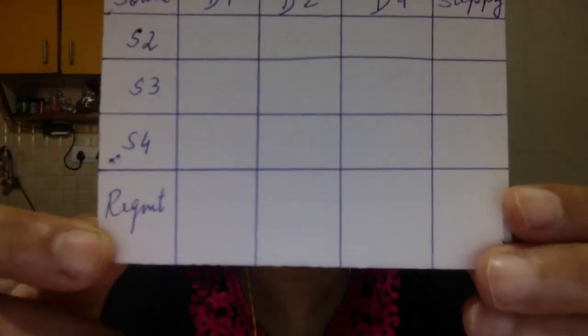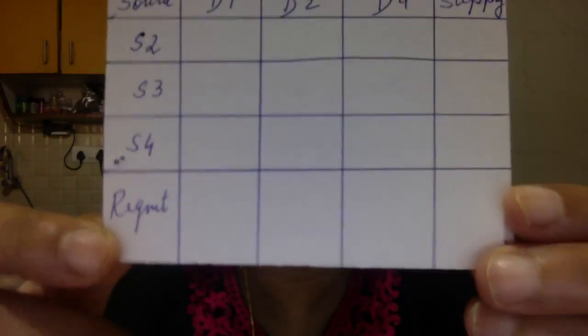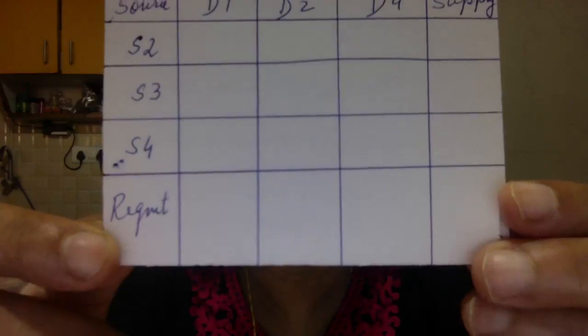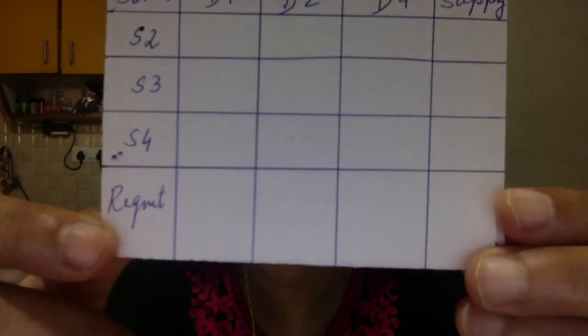Remember class, we eliminated one column first. Now we eliminate one row. So I'm going to write the numbers here. In D1, you will get 5, 8, 7.